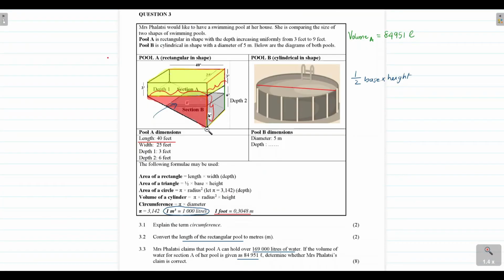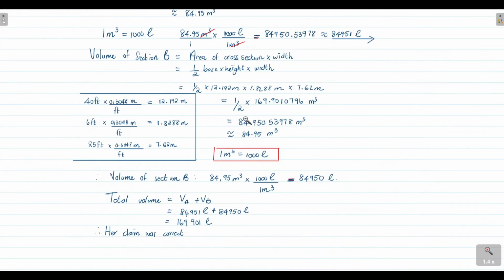To get the volume of this triangular prism, you need to basically take the area of the cross section and then multiply it by that width. That is how you need to calculate it. You can't just divide after by 2. So that's where I disagree with the memo, okay?